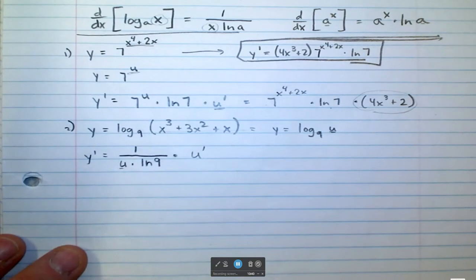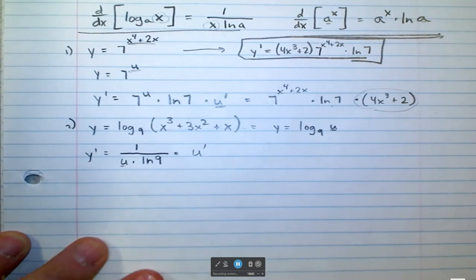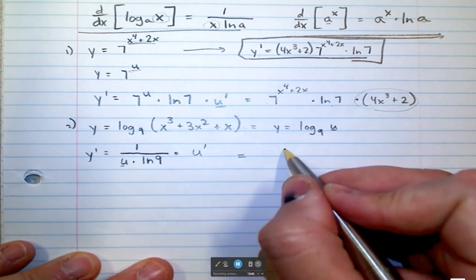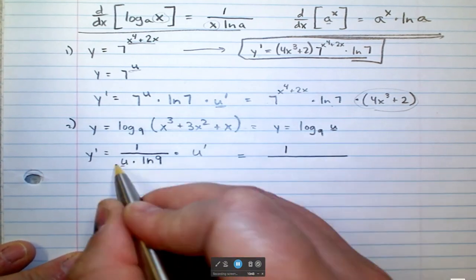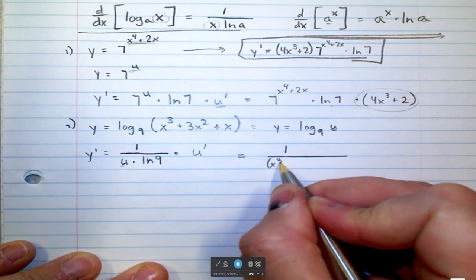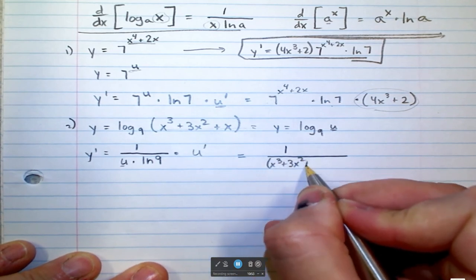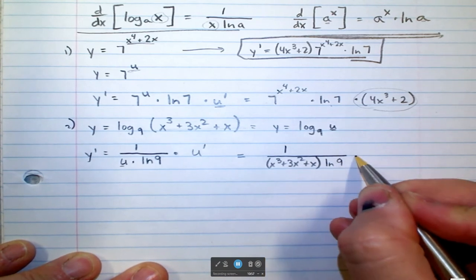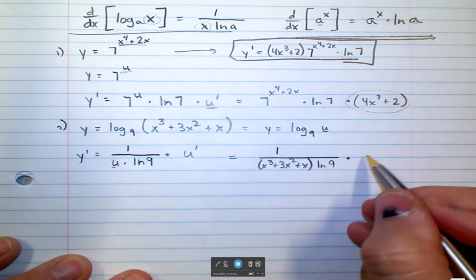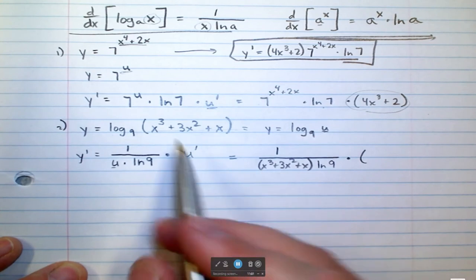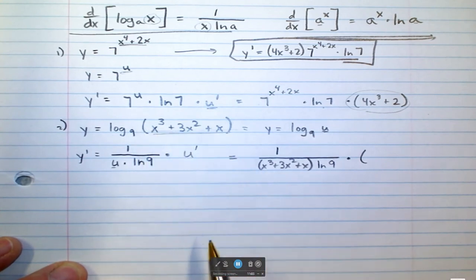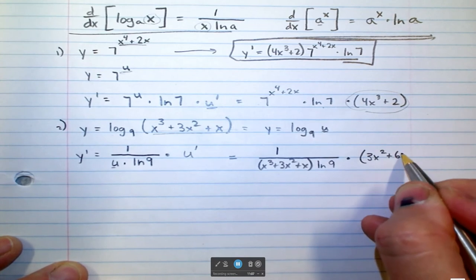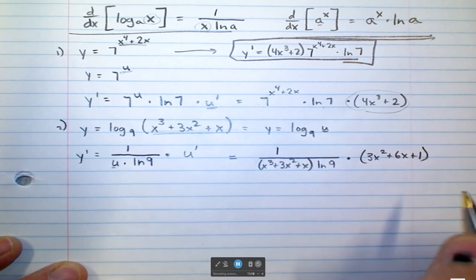Okay, so 1 over u ln 9 times u prime. Well, then we just fill in. Okay, so this is going to be 1 over u times ln 9 times u prime. Well, what is u prime? u prime is the derivative of this guy, which is going to be 3x squared plus 6x plus 1.